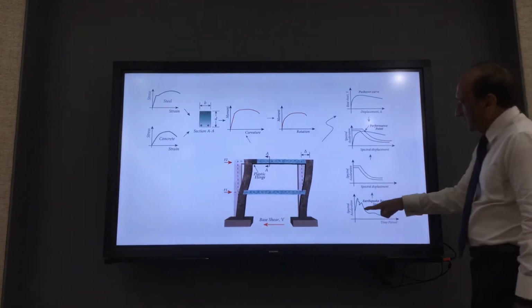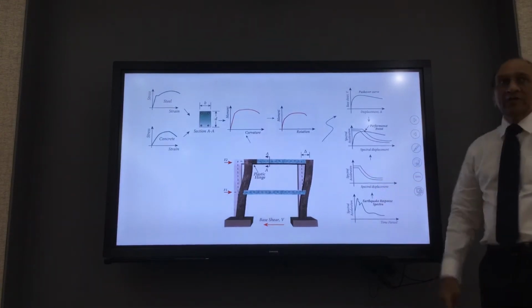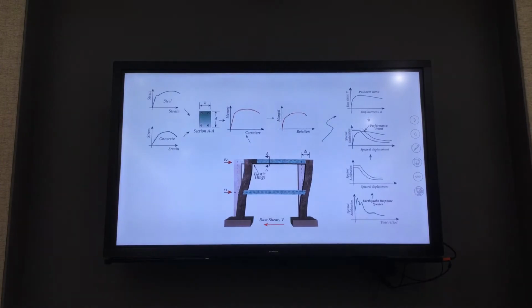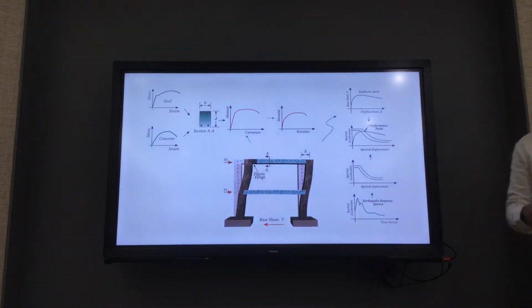This curve looks something like this, and you get different curves for different damping ratios, because the response spectrum depends on damping. When you have 5% damping, you get one curve. When you have 2% damping, you get another curve.